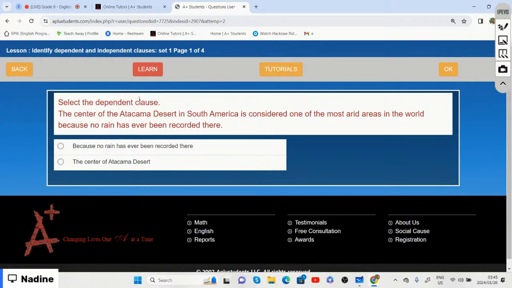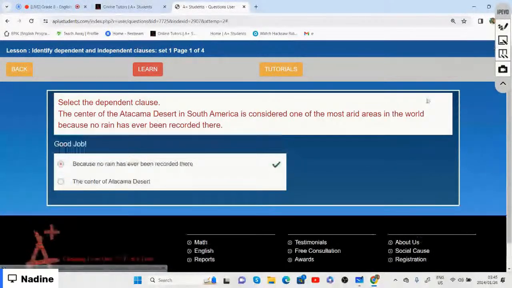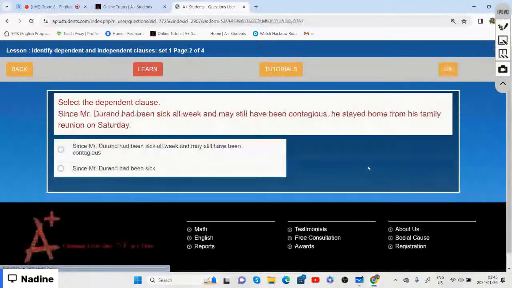All right. So if we select the dependent clause, we're saying it's number one because of the word "because," the subordinating conjunction. So well done. The first one is correct.